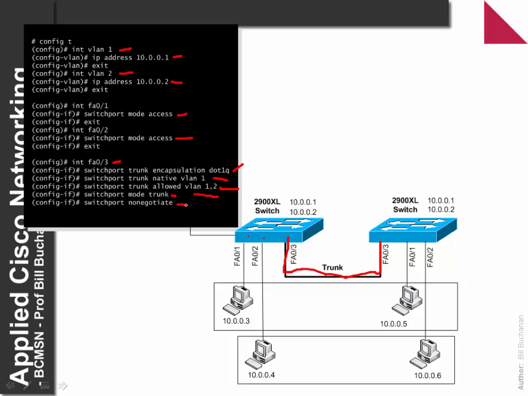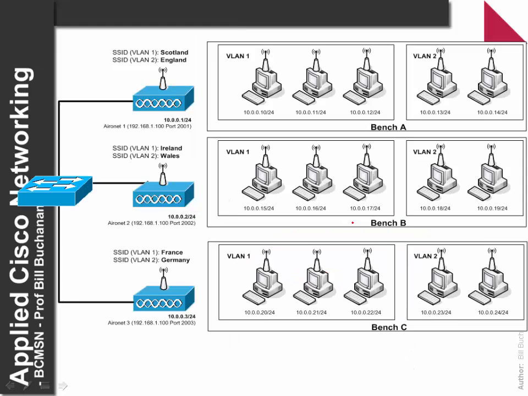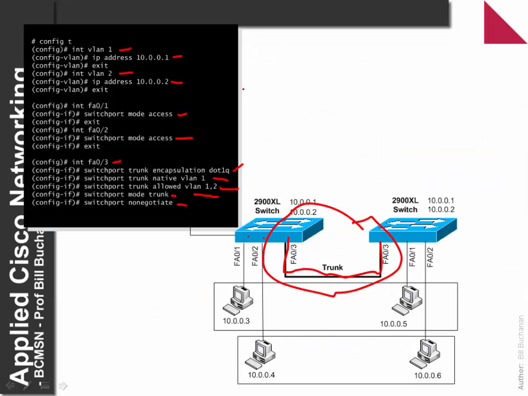And in this case it's non-negotiable. So now we have a trunking route between the 2 VLANs. If we wanted to assign this one to VLAN 1, then we would use the VLAN assignment here for VLAN 1 and then here for VLAN 2.